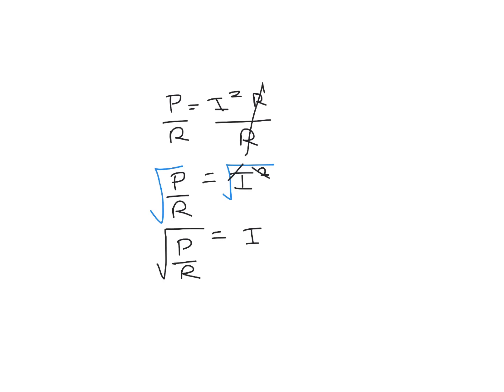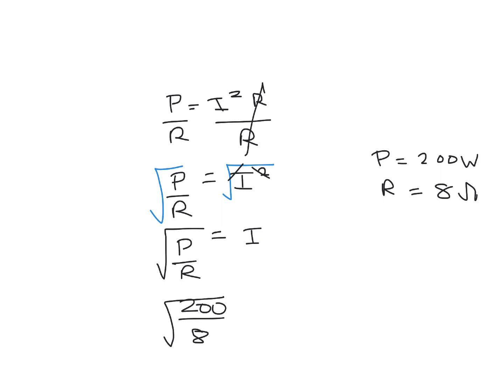So let's just say I told you that the power was 200 watts and that the resistance is still equal to 8 ohms. Let's plug it in. So 200 divided by 8, and then square root is how you find the current.